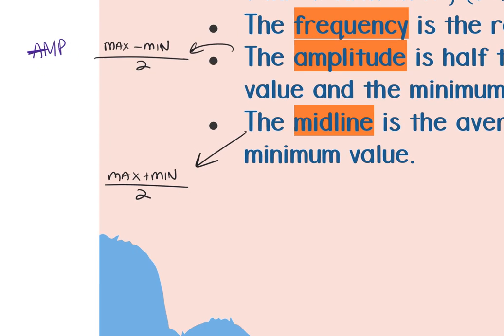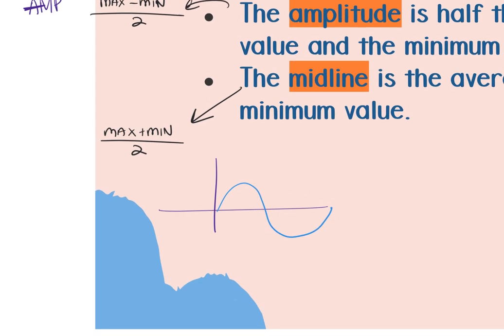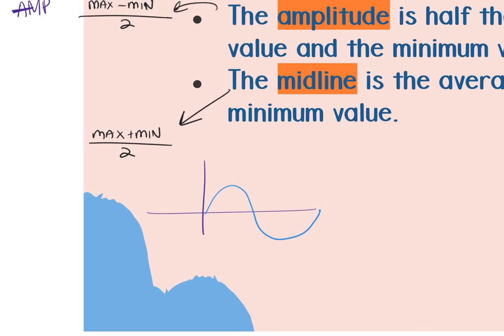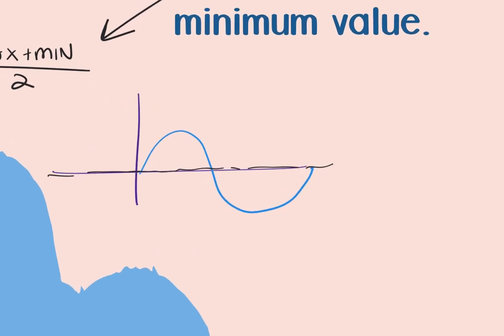On a graph, let's say this is the sine curve. The midline is that horizontal line that runs through the average of your max and your min. The sine curve hits your midline at the beginning, the halfway point, and the end.